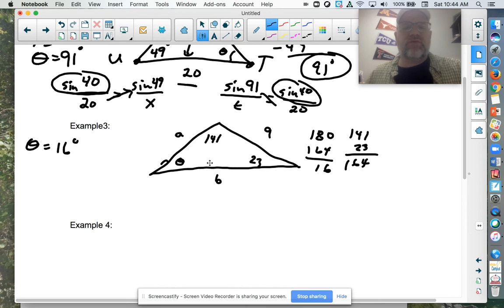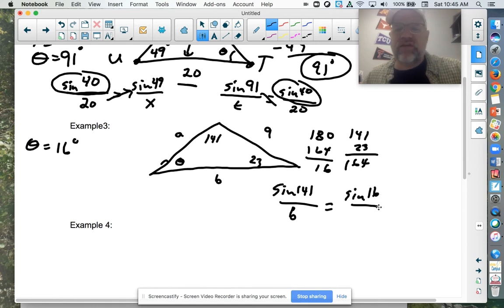So now we can do this. Let's go sine of 141 over b, I don't know what, equals, now I can say sine of 16 over 9. I'm going to go ahead and do this.